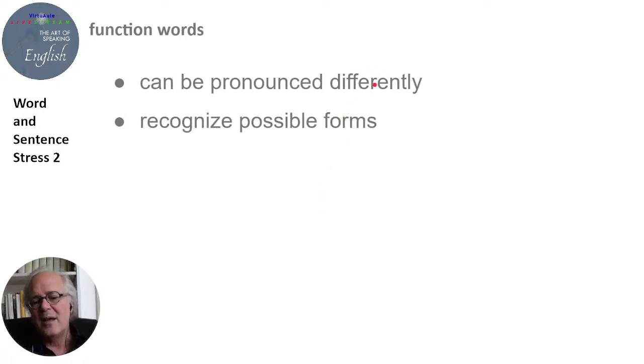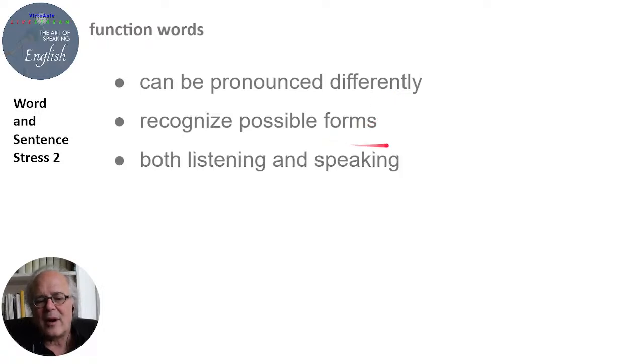That means that in one sentence you will hear we, which is a pronoun, we. In another you'll hear we didn't want to do it, we. So they can be pronounced differently. Try to recognize all of the different forms. You need to understand both while you are listening and while you are speaking.